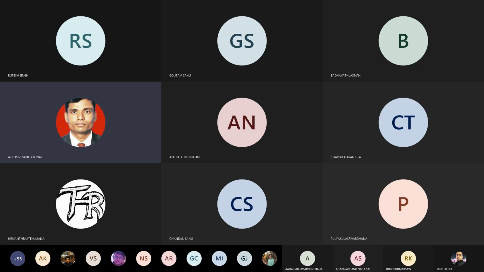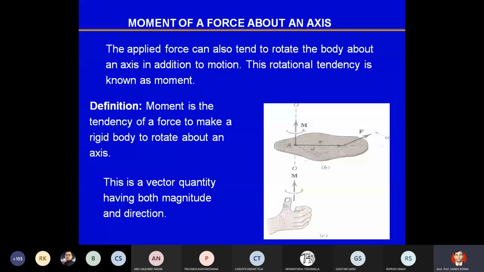Okay. So last class we were discussing the concept of moment. We have seen that moment is the tendency of a force to make a rigid body rotate about an axis, and we have seen what the moment axis is.